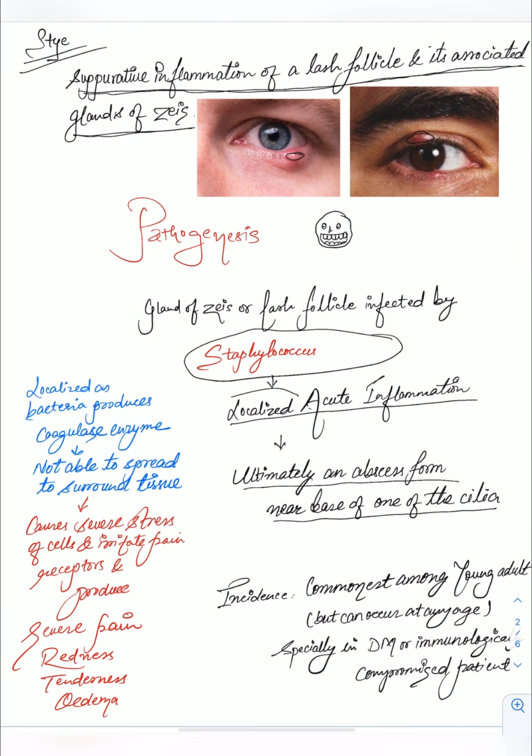As we have written here, it is localized. But why localized? Because the bacteria produce the coagulase enzyme.